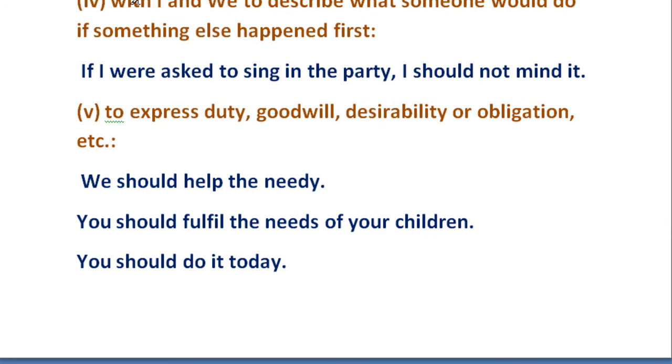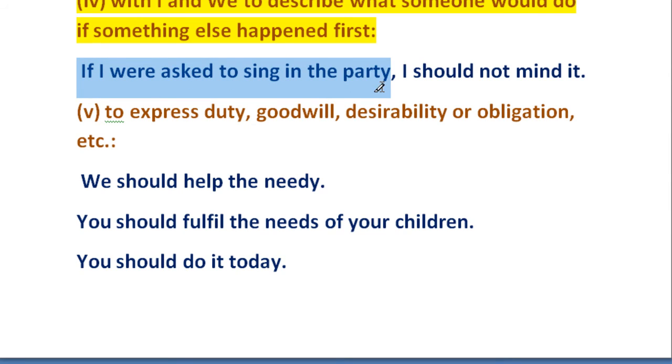Then next use of shall is: shall is used with I and we to describe what someone would do if something else happened first. So, if I were asked to sing in the party, I should not mind it.